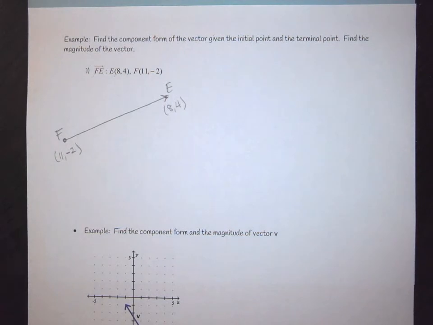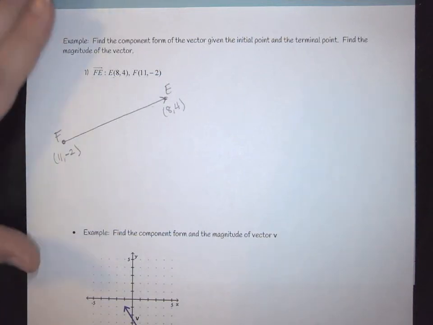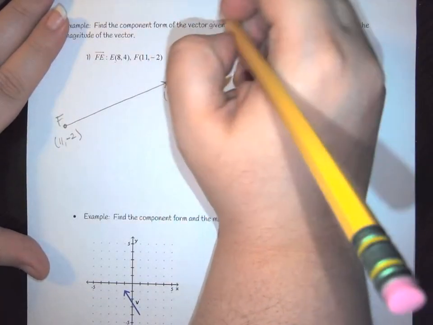Drawing out your vector and putting that arrow in there is really going to help you, especially when working with component form and magnitude. Here I have to do both. First let's look at component form.